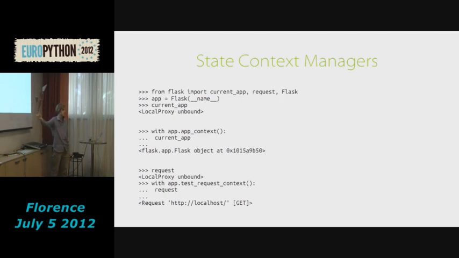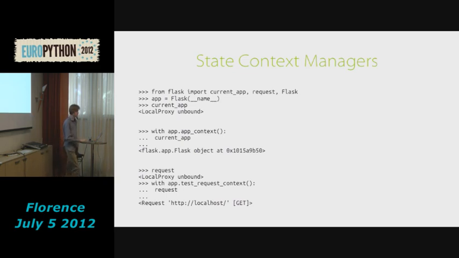It's very similar to the request context, which is automatically managed for you in a regular request. But if you do with app.app_context(), the current_app proxy now points to the application. Likewise, if you do it with the test_request_context, the request object points to something. So this is basically the big change in 0.9, that instead of just the request context, there are two now.